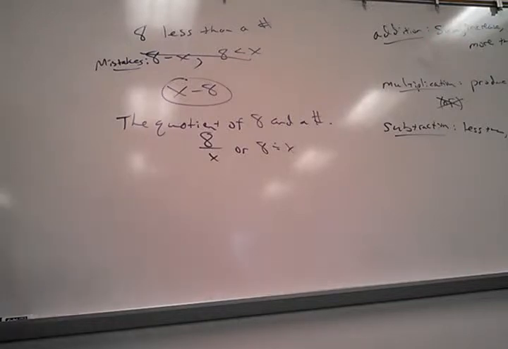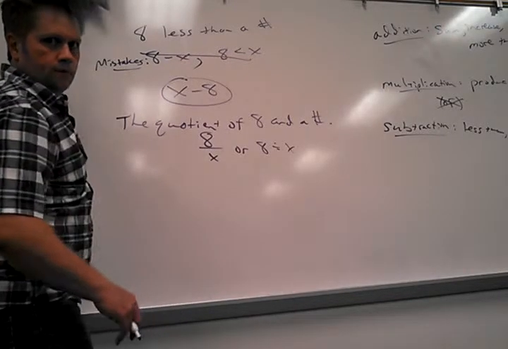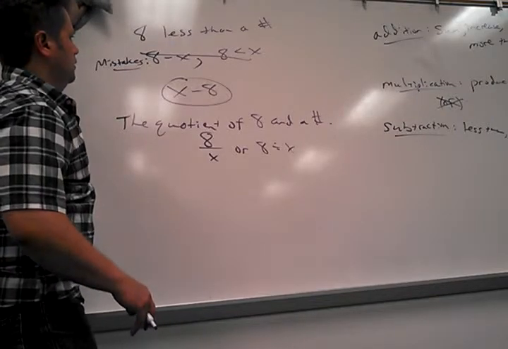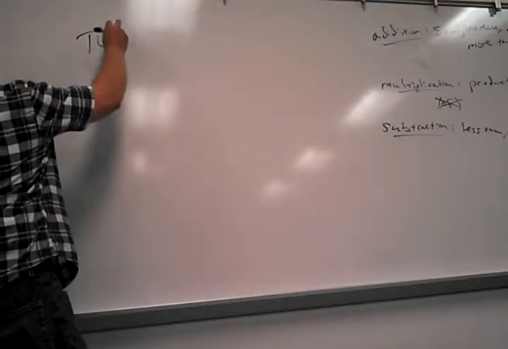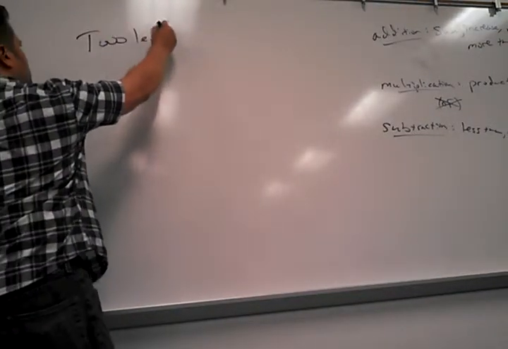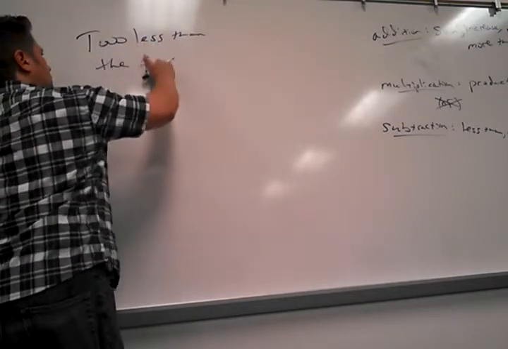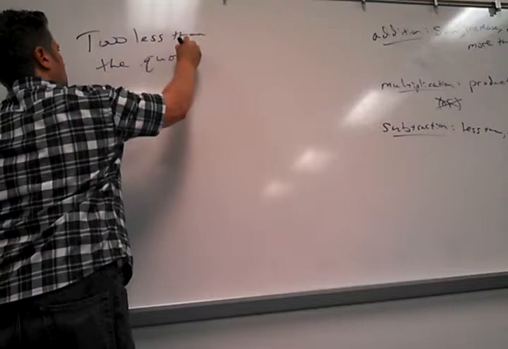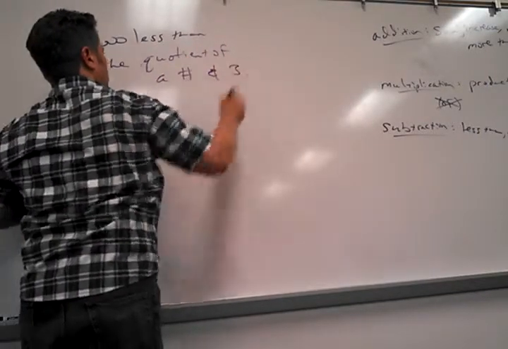So there was one problem on there. It said something like this. Let me do it a little bit differently. 2 less than the, let's say, the quotient of a number and 3.